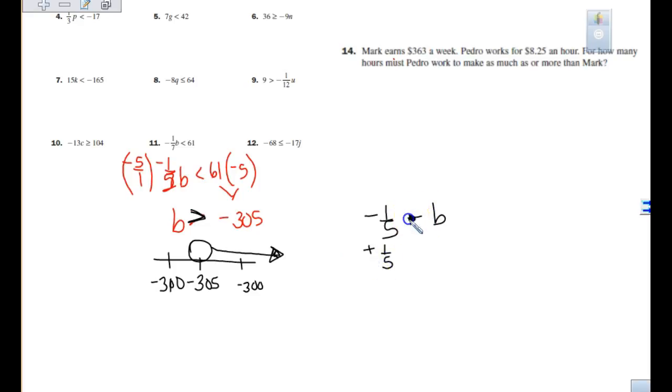So you need to be really careful in knowing that we are not adding 1/5 to the 61. And if you would add, would we change the inequality if you add 1/5? No. You would have just had B is less than 61 and 1/5. But ours was not an addition problem. Ours was a multiplying, and when you multiply or divide by a negative, you switch that, okay?